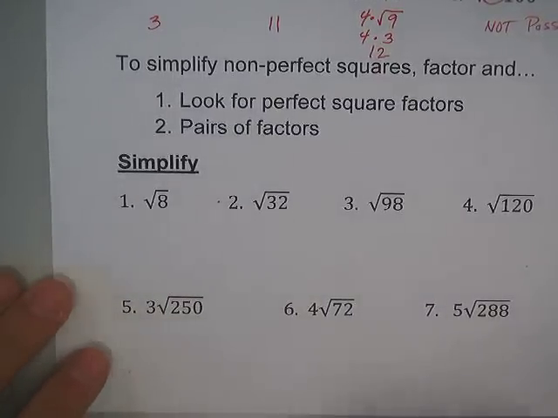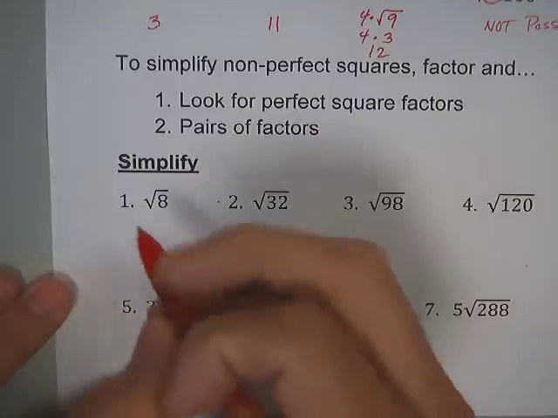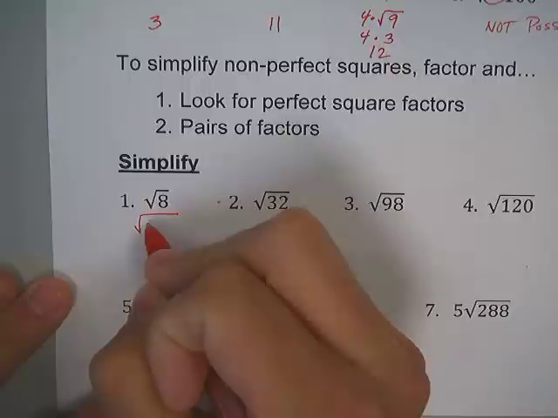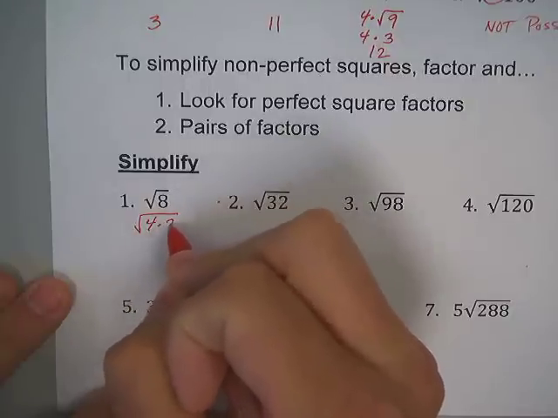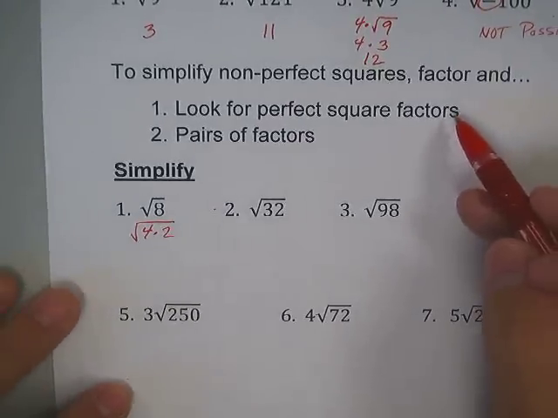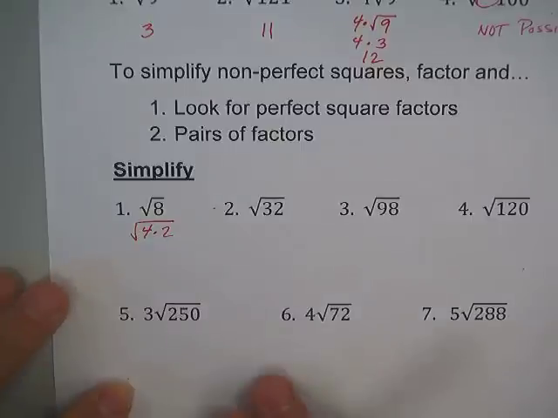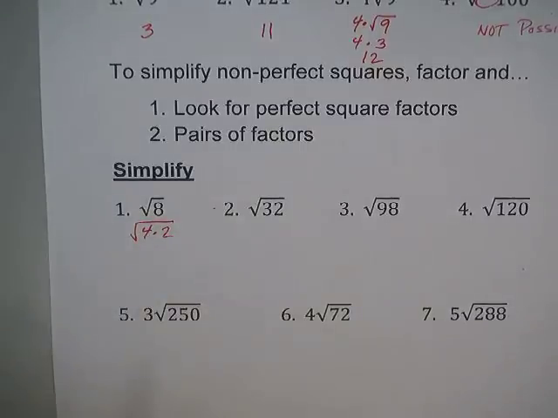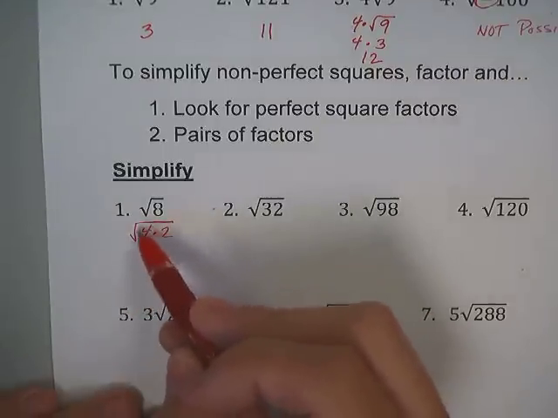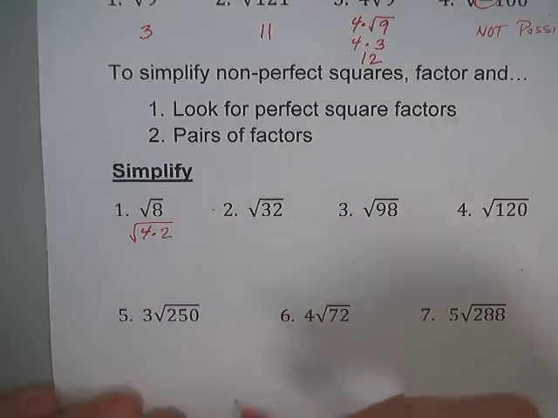So let's start here with number 1. So square root of 8. We can't find the square root of 8 by itself right away. So what we're going to do is come up with 2 factors, 2 numbers that multiply together to be 8. 4 and 2, probably the most basic ones. And so this first rule up here says look for perfect square factors. One of the rules of square rooting is that you can square root the factors.